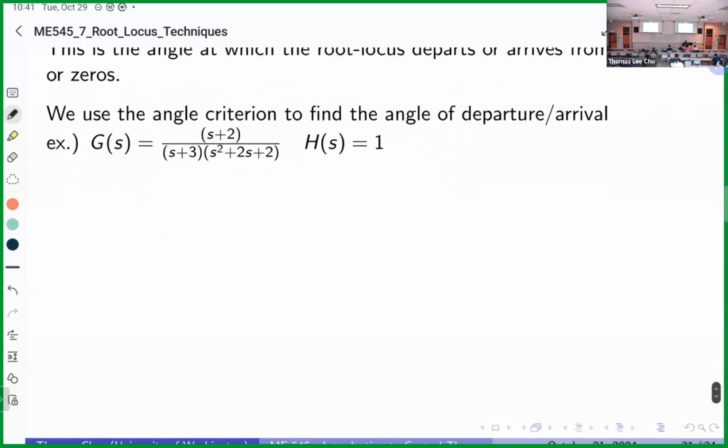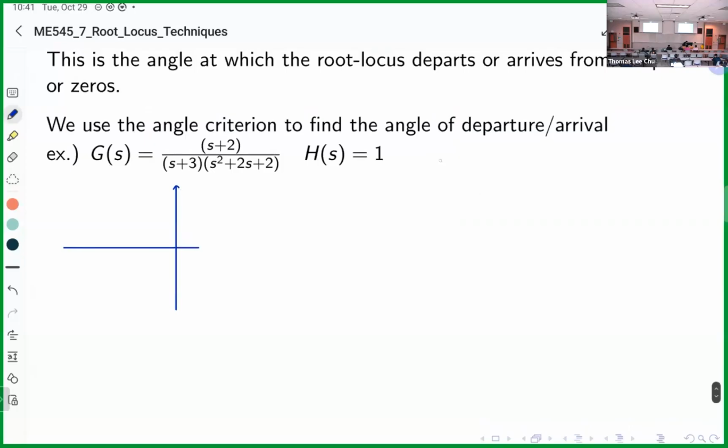So I may draw two graphs here on the left. Basically I may draw an overall big pole-zero map plot where we have, and let me give you the poles here, a zero at -2, and a pole at -3.